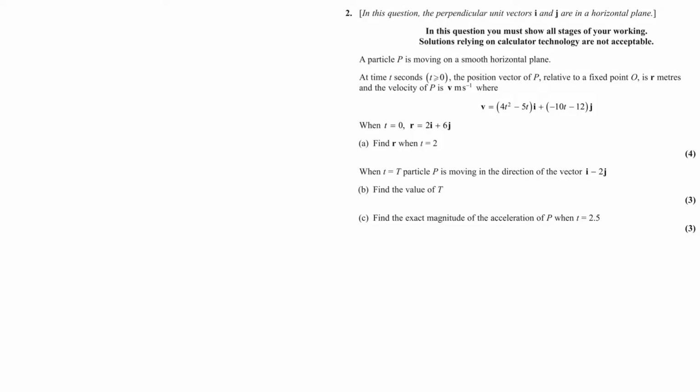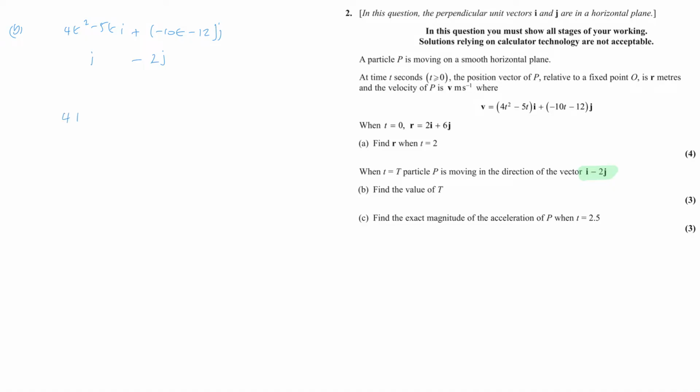So what we've got for this part B is we've got 4t squared minus 5ti plus minus 10t minus 12j. And what we need to do is create an equation, and we've got this i minus 2j. So this is going in i minus 2j. So what we've got to do is make these equal. So make the i part and the j part equal to each other.